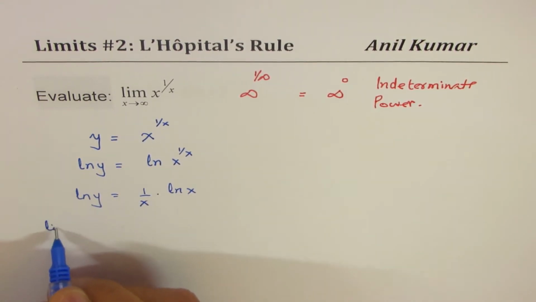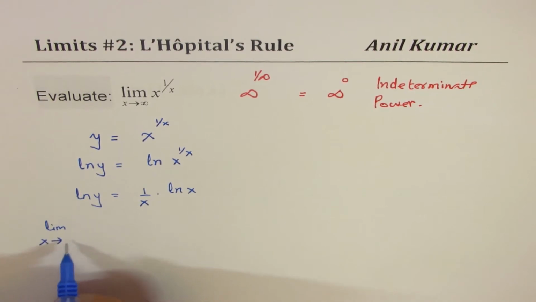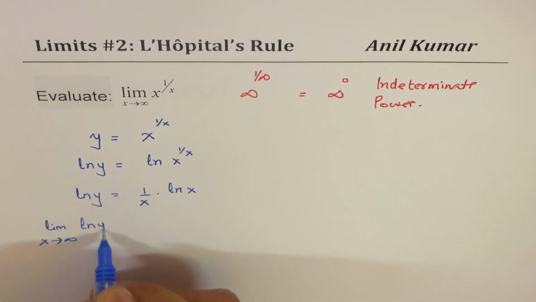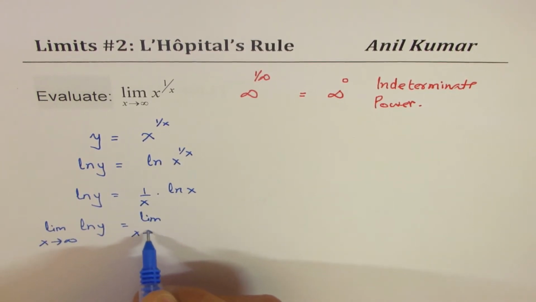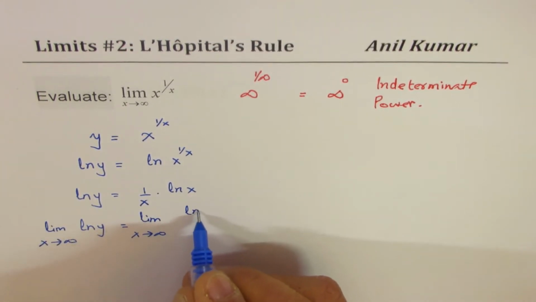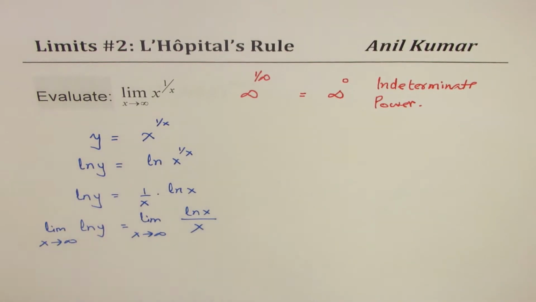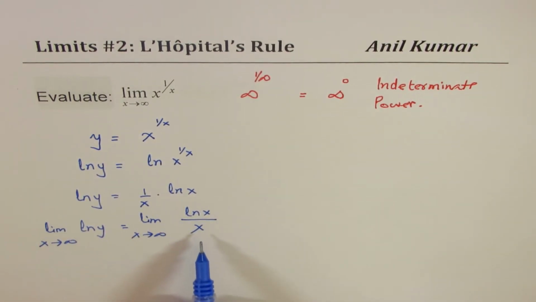So we can rewrite this as limit x approaches infinity for ln y is equal to limit x approaches infinity for ln x over x, correct? So in a way, we have written it in the form where we can now apply L'Hopital's rule, right? Infinitely large over infinitely large, correct?